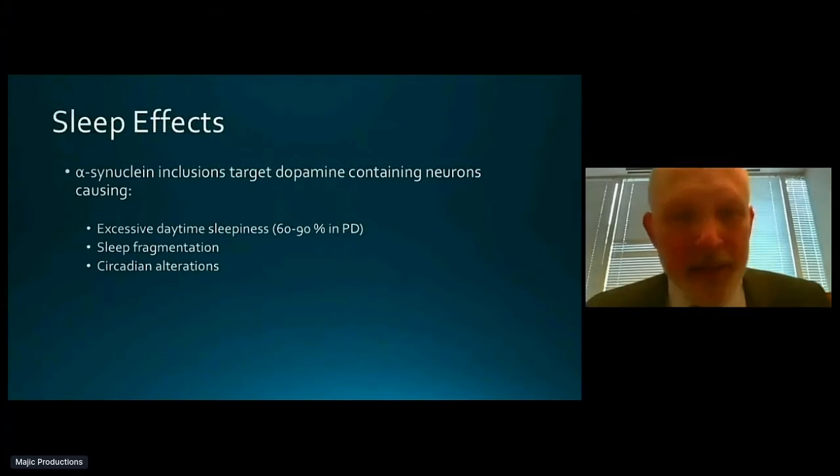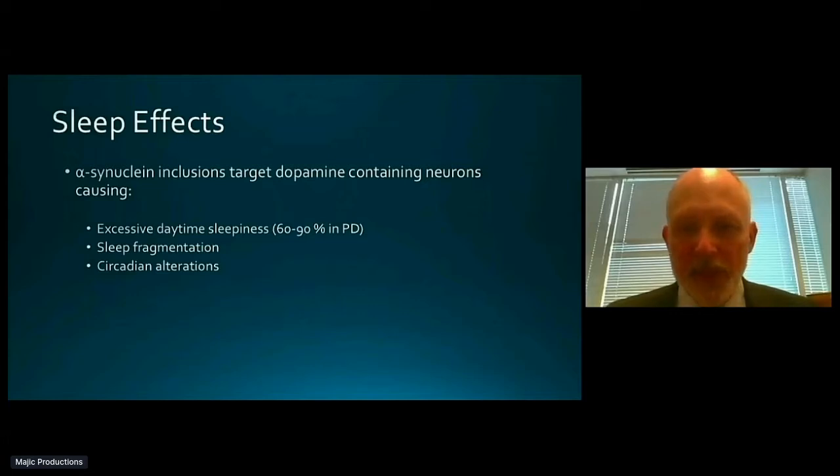So going on, the important thing is alpha-synuclein targets the dopamine-containing neurons, and as I'm sure you're aware, dopamine is a neural hormone that does a lot of things in the brain. It functions as a motor control hormone. It targets reward centers.